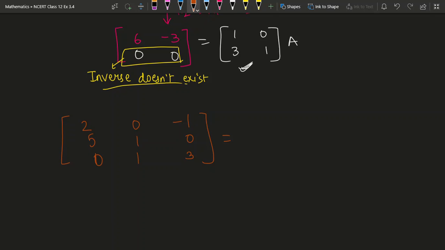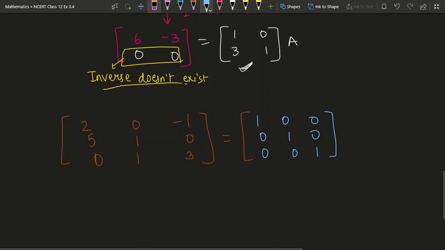And again, you will write the identity matrix, but in this case, the identity matrix will be of order 3 by 3. So 1 0 0, 0 1 0, 0 0 1, and that times the matrix A.